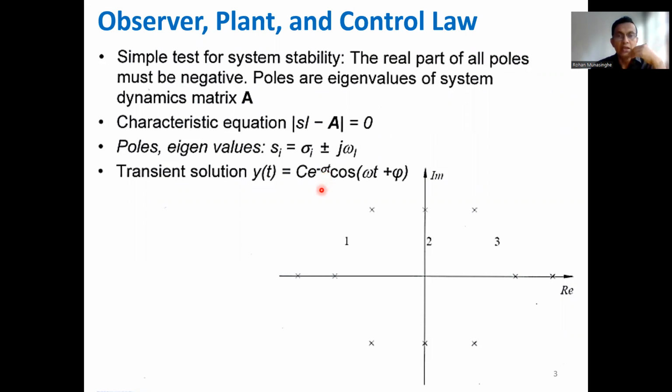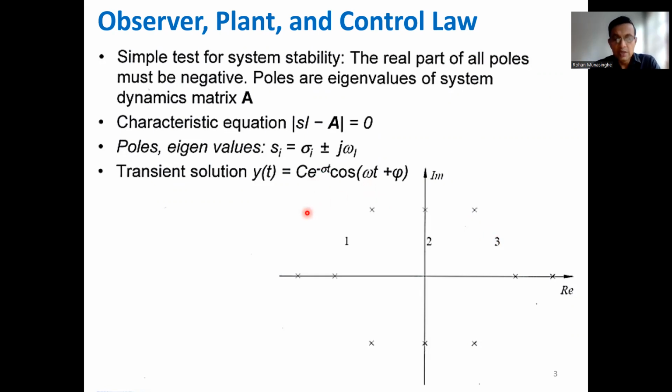On the other hand, if minus sigma is on the right hand side, positive, then the amplitude of the cosine increases, which means a growing sinusoidal, and the system is unstable.